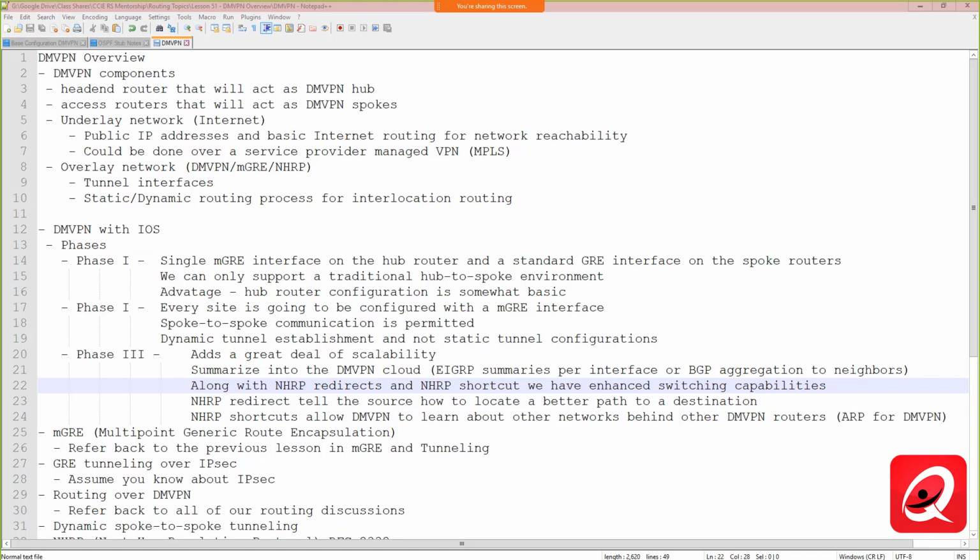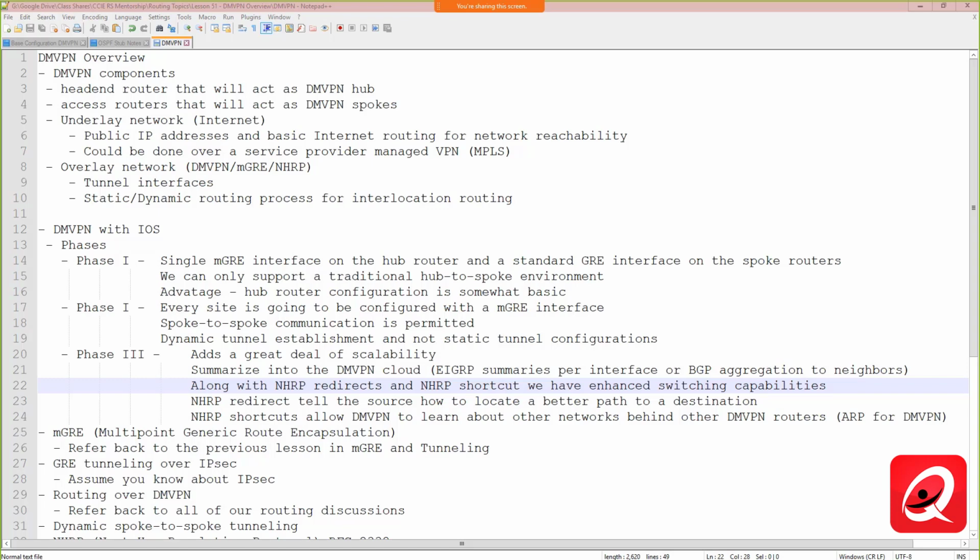It doesn't really matter because our encapsulation occurs at layer 3. And it doesn't even matter if it's an IPv6 underlay network or an IPv4 underlay network, and we're trying to overlay IPv6 on top of IPv6 or IPv4 on top of IPv6. It doesn't really matter, right? Because in the end, GRE will encapsulate anything, even non-IP related traffic.